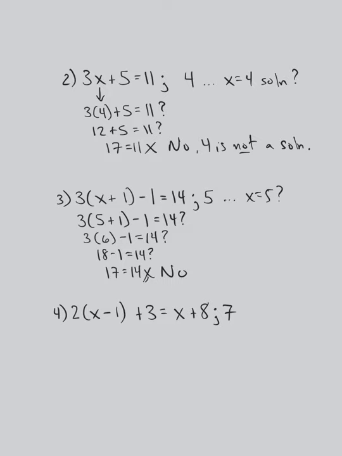All right, and then for our fourth one, sorry, notice that x is on both sides of this equation, and we're wondering if x is equal to 7 is a solution. Okay, and so that's what we're wondering. So again, I plug it in on both sides. 2 times 7 minus 1 plus 3. We're wondering if that is equal to 7 plus 8.